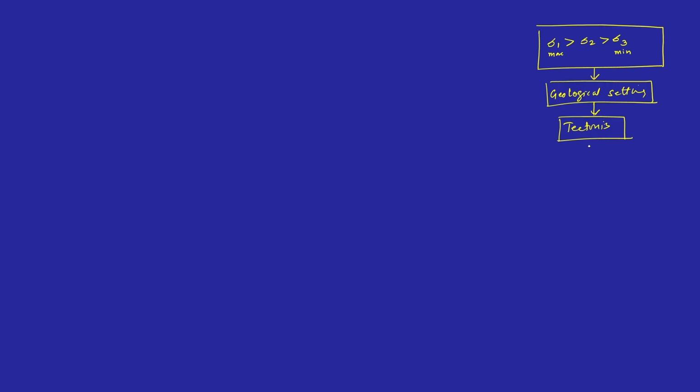Usually it is taken into consideration that all these stresses, sigma 1, sigma 2, sigma 3, are mutually perpendicular to each other. This is one point which we should keep in mind.